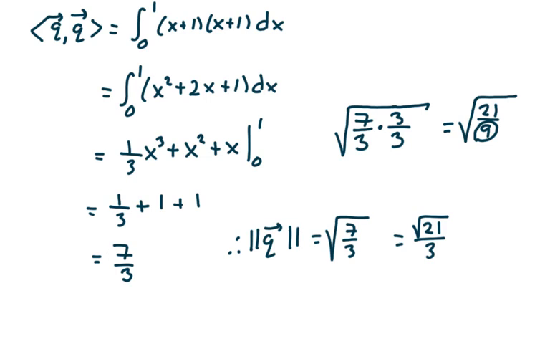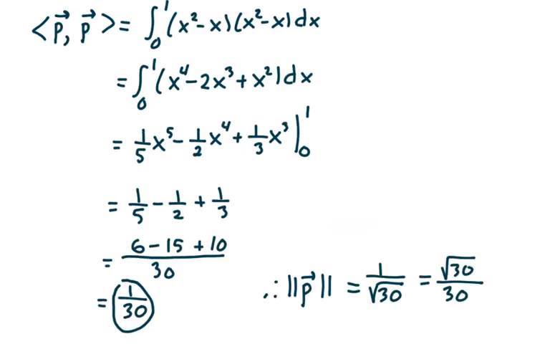That's 1/3 plus 1 plus 1, which is equal to 7/3. But remember, I want the norm of q, and that's going to be the square root of this result. So in other words, the norm of q is the square root of 7/3, and that ends up being square root of 21 divided by 3.